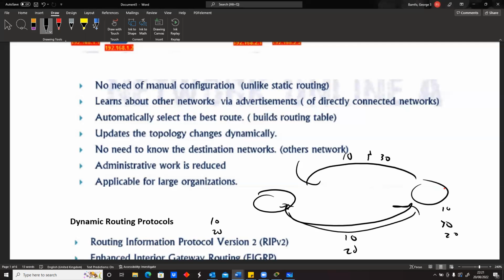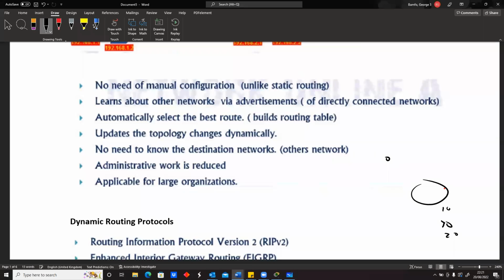And so with dynamic routing, there's the concept of advertisement where the devices will tell each other, hey, this is how I get there, or this is how you get there, and then it will be able to learn it. Now, automatically, maybe the networks will be learned by the router from different devices. So one guy will say, hey, I know about it. Another guy will say, I know about it.